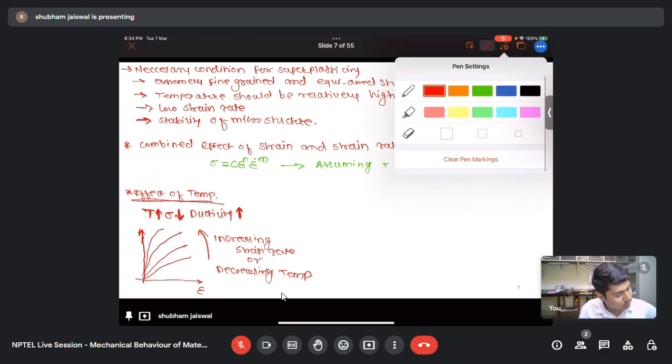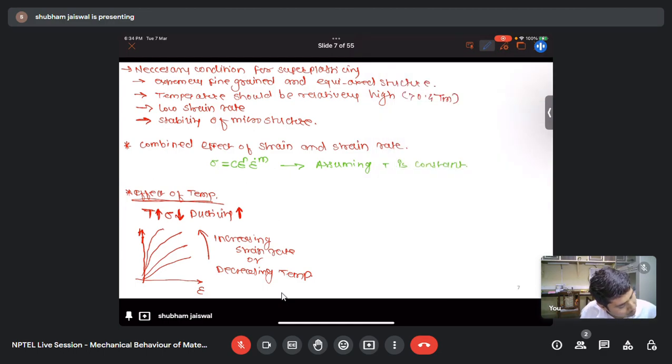And the effect of temperature, when we assume the strain rate and strain remain constant, is given by sigma equal to C2 exponential of Q by RT, where Q is the activation energy for the plastic flow. Okay. So this gives the effect of temperature.